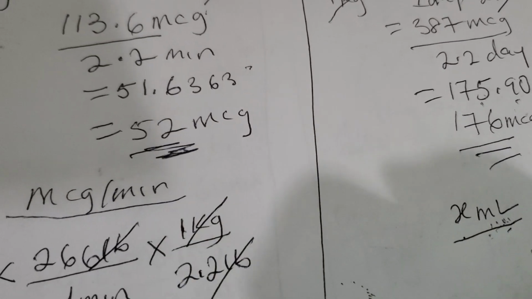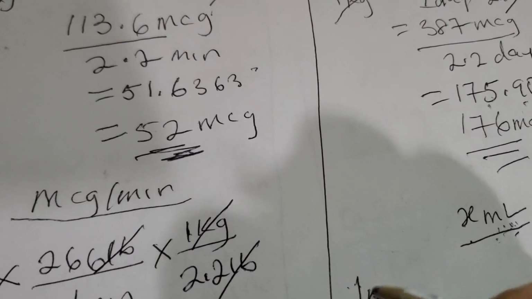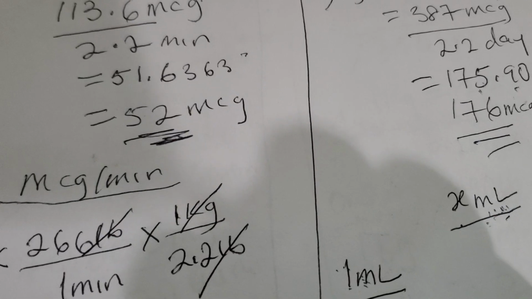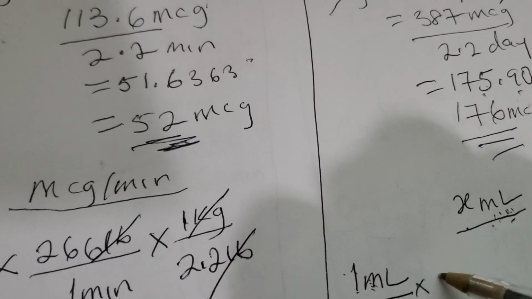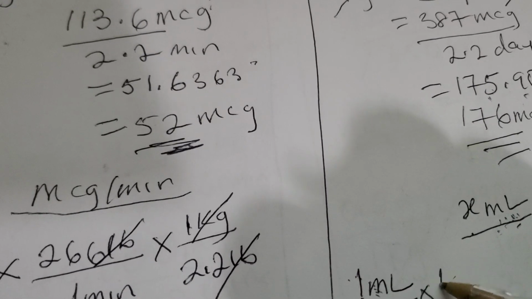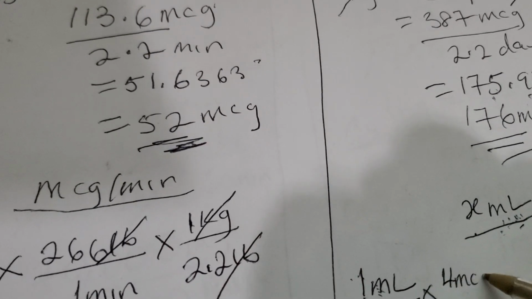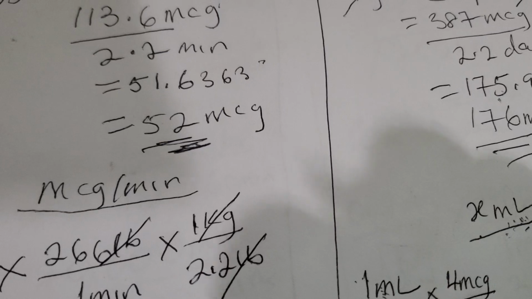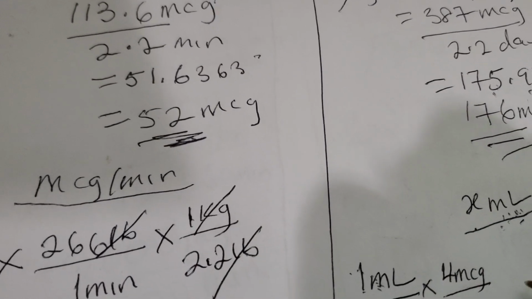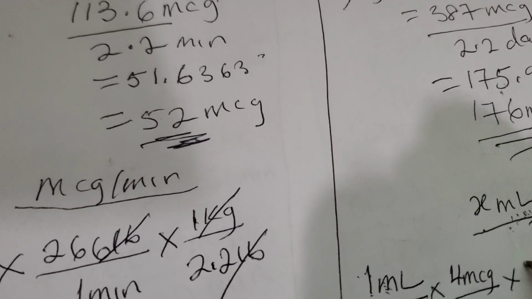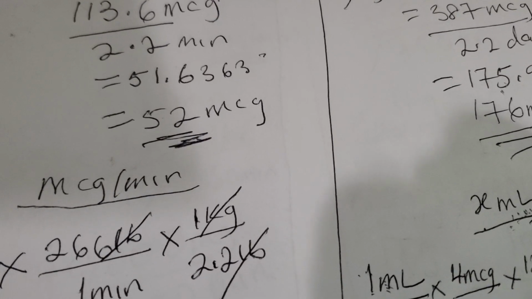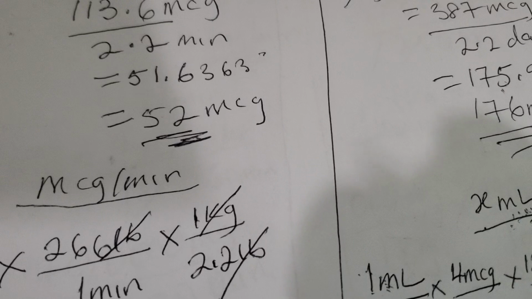So let's go for the available first. 1 ml over 1 milligram. And then what the doctor ordered is 4 microgram over 1 kilogram. And the weight is 128 pound over 1.